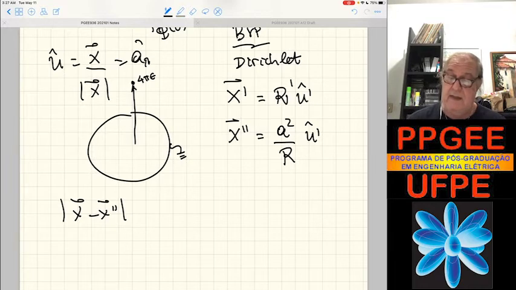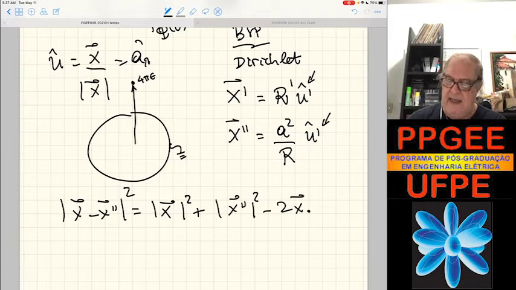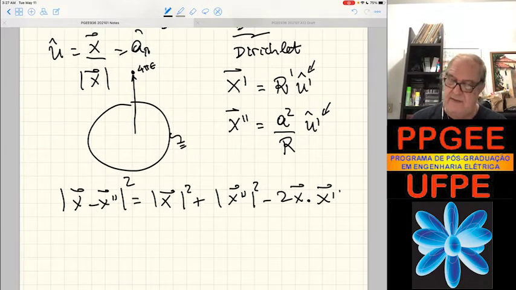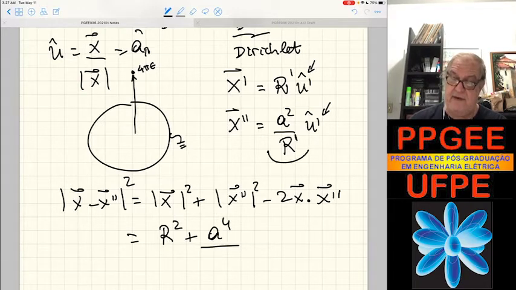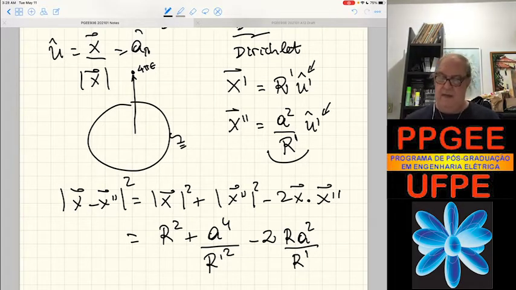So because x prime is along u prime and x2 prime also, this square is going to be x squared plus x2 prime square minus 2x x prime, right? x2 prime, sorry, equals r squared plus square of this number here, a^4 over r prime squared, minus 2 r a squared over r prime, u dot u prime, which is cosine of gamma.